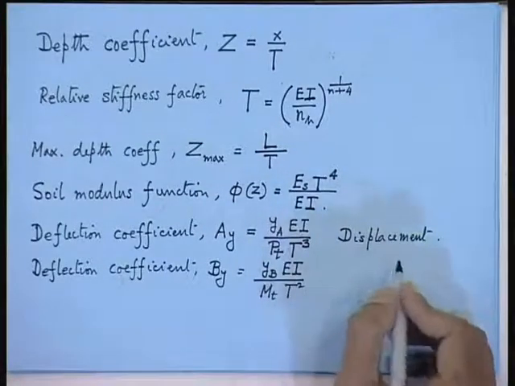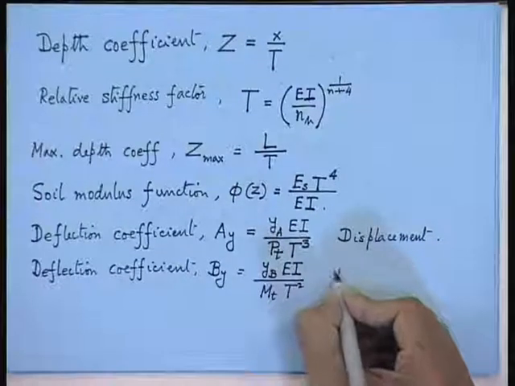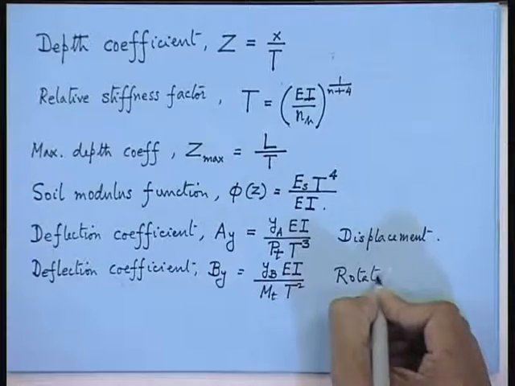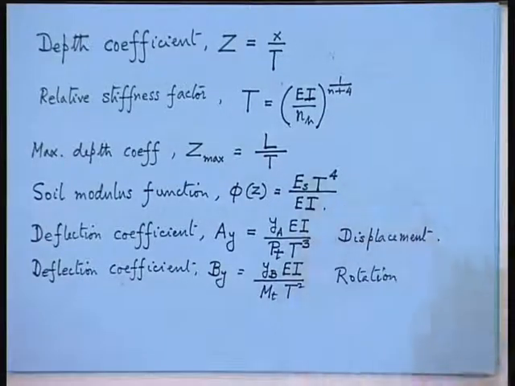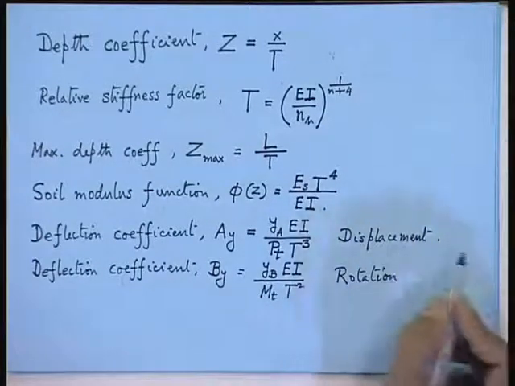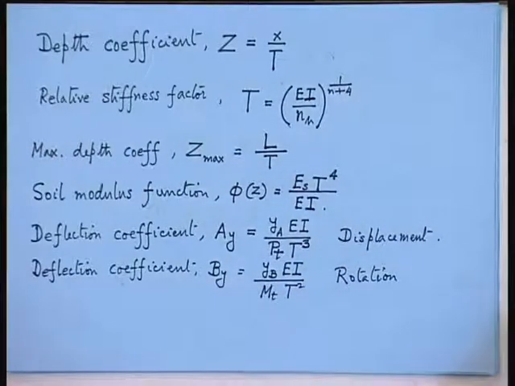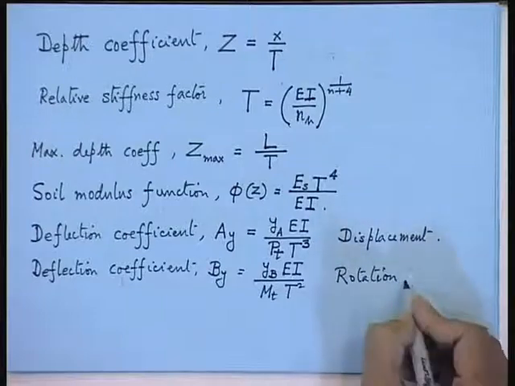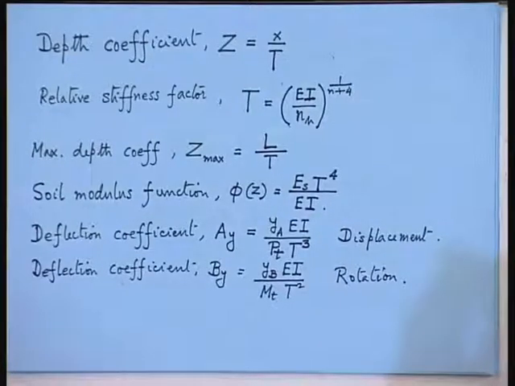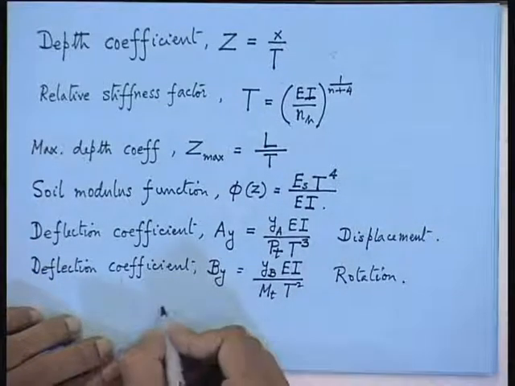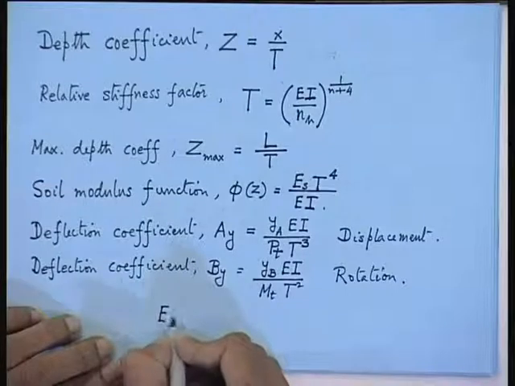Now, this will give what? So, pile head is having both lateral displacement as well as a rotation. Now, you have to find out these two. So, that is the main job. Now, ES equation that I have already given you, you use that.